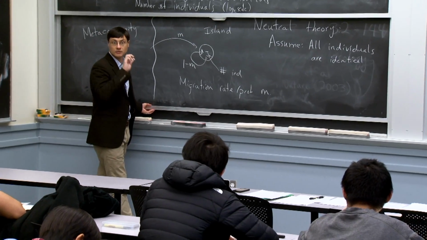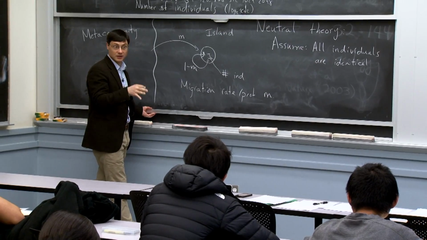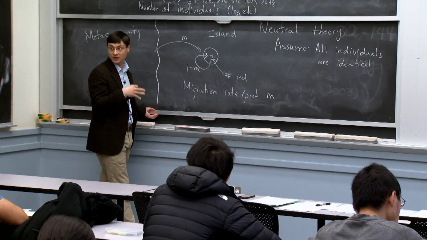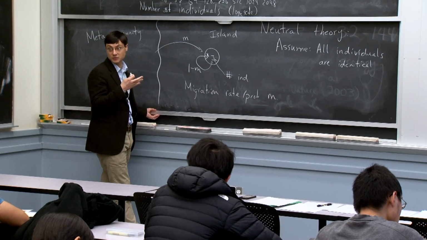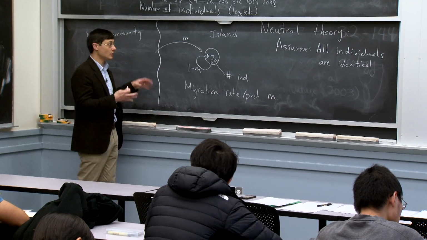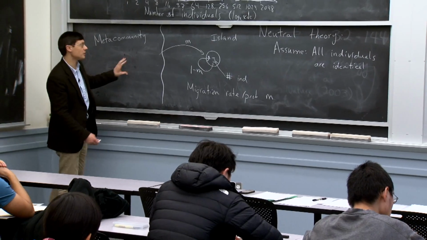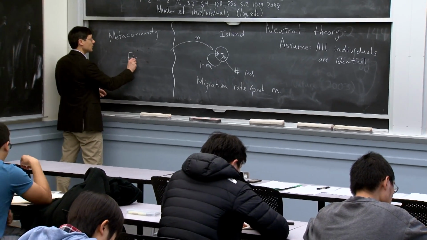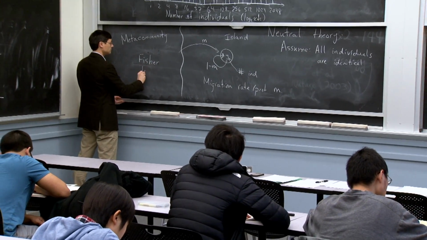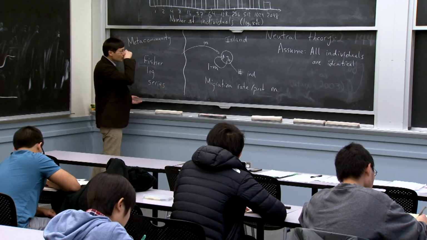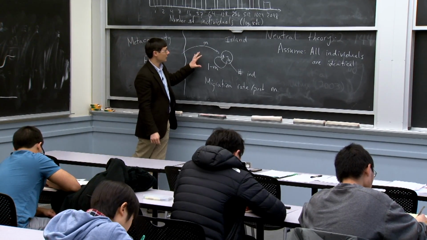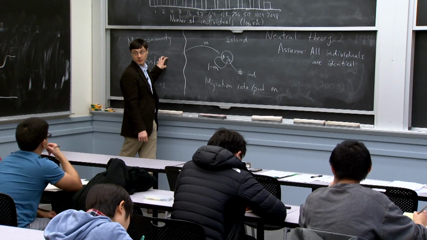Now, the math gets hairy and complicated, but the basic notion is really quite simple. You have a metacommunity distribution, which is going to end up being the so-called Fisher log series in this model. This describes the species abundance in the metacommunity.